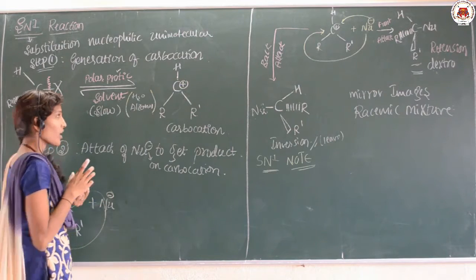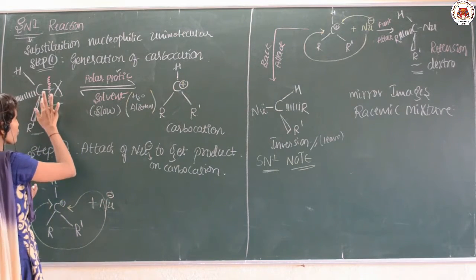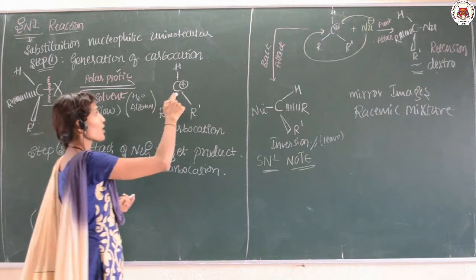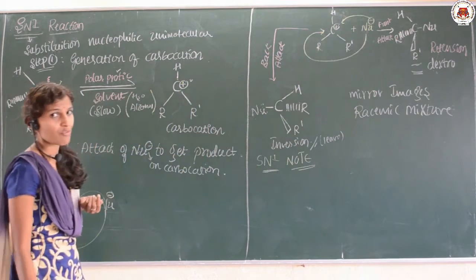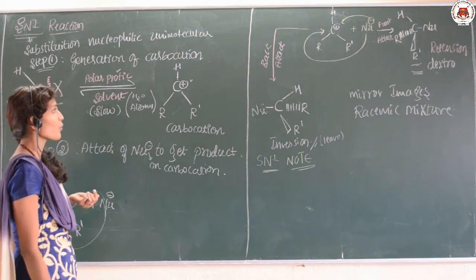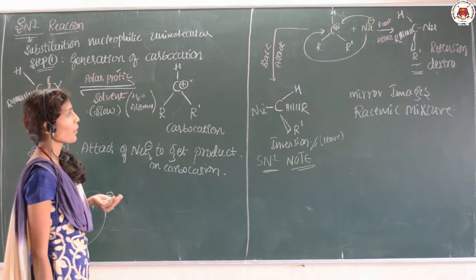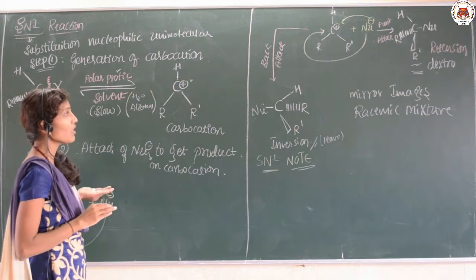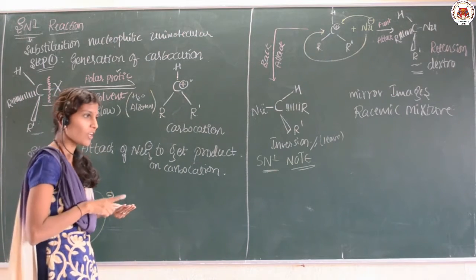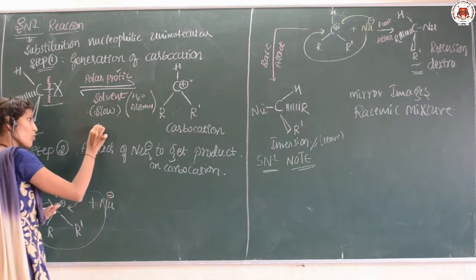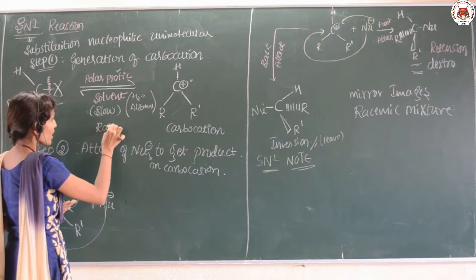As X gets detached from the carbon, the carbon gets a plus charge, that is the generation of the carbocation. This carbocation is trigonal planar, meaning all the groups are in the same plane. This first step is the slow step, and it is also called the rate determining step.